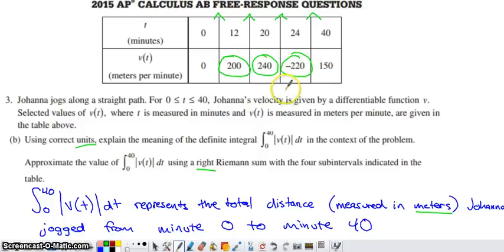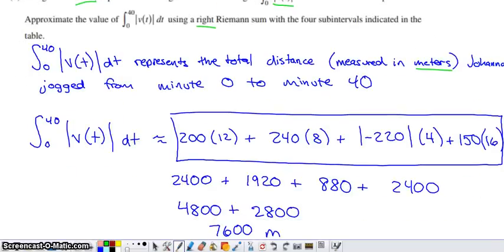This is not going to generate our next height because we don't want to do this calculation for v, we want to do it for the absolute value of v. So we're just going to change the sign of that to a positive whenever we use it within our sum. And then the height of our last rectangle is going to be 150 coming from the function value at the right endpoint there.